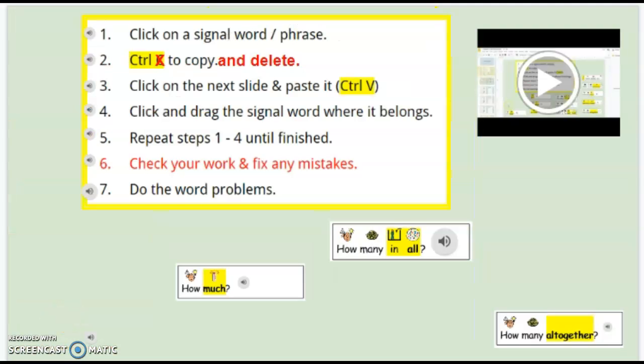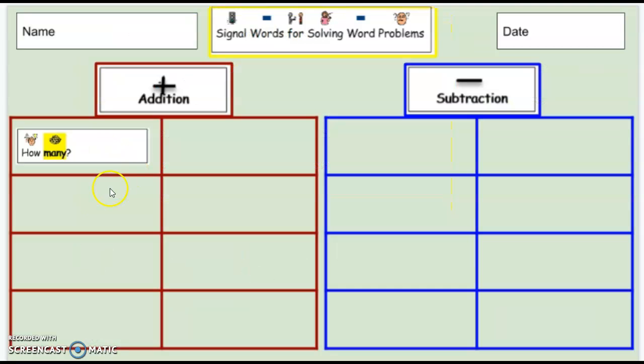Let's try that again. I click on the signal word and press Control X to copy and delete. I go to the next page, Control V, and I drag up to my addition. So we have how many and how much.